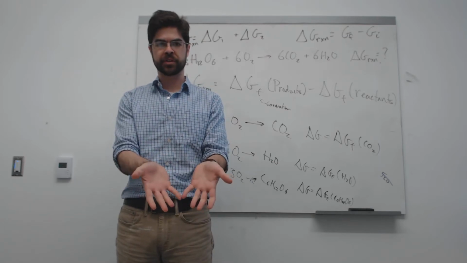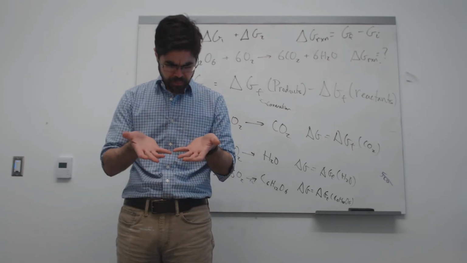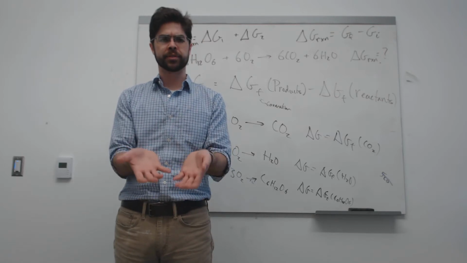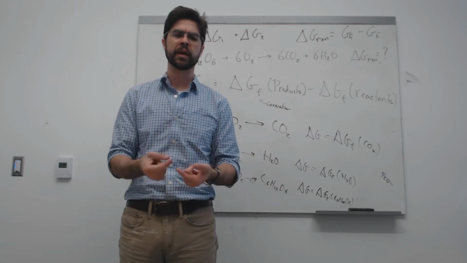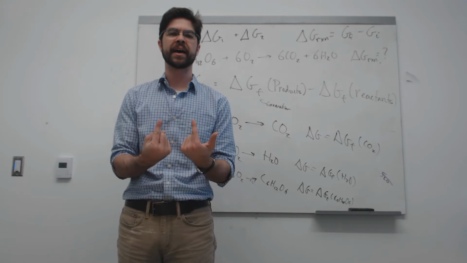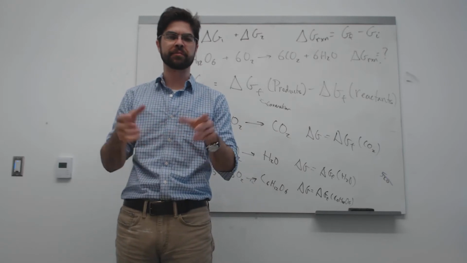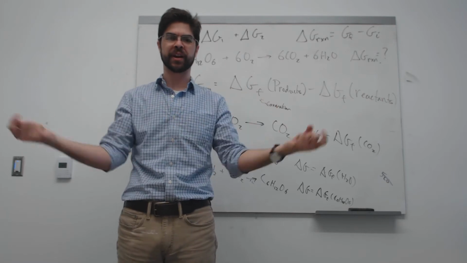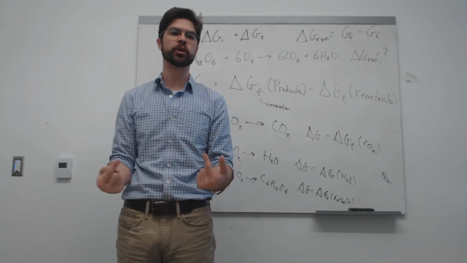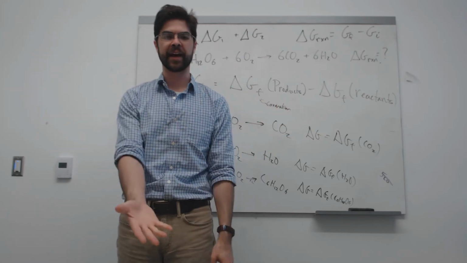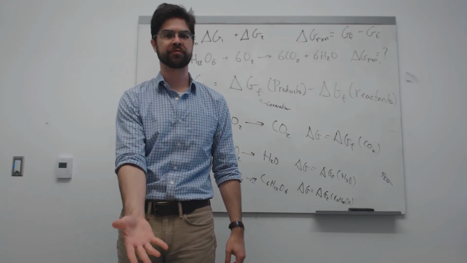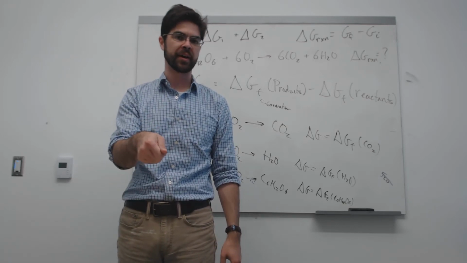Like the case I was just giving, if I want to heat up some sugar and convert it into caramel, I supply that energy as heat. That heat doesn't have to come directly from a chemical reaction that I'm adding in with the sugar. It could be done indirectly, like I have a propane flame that I'm heating my pot on top of.